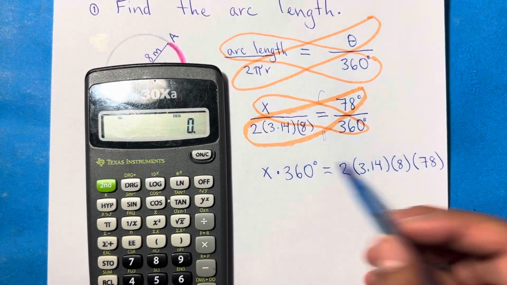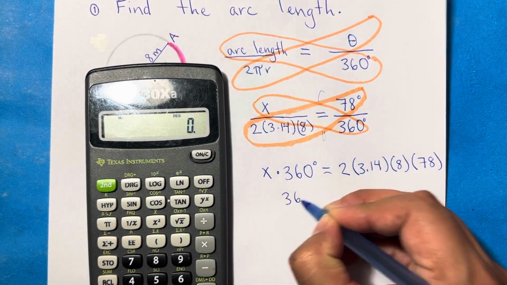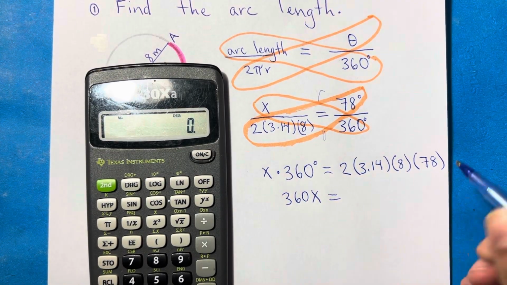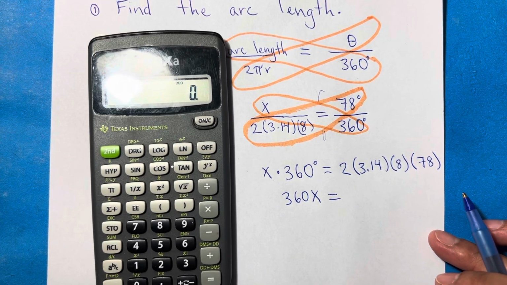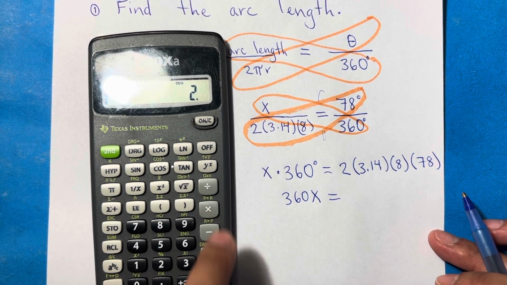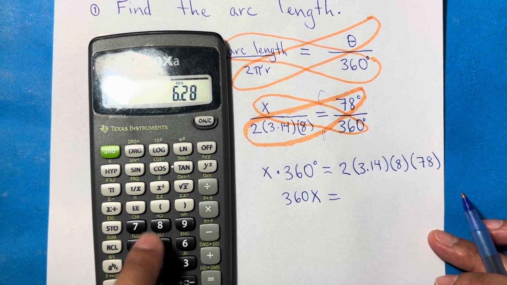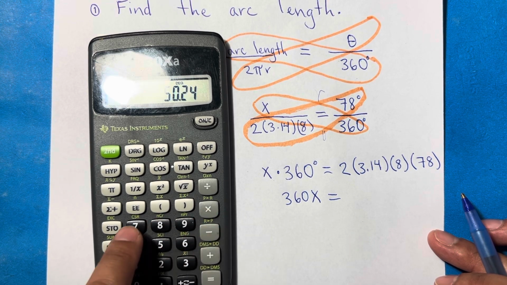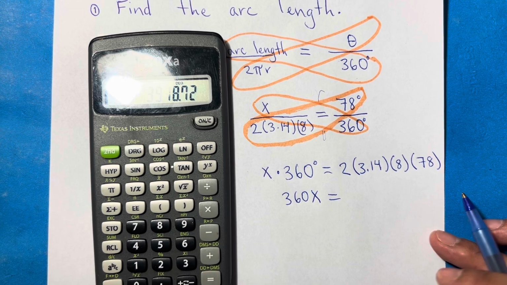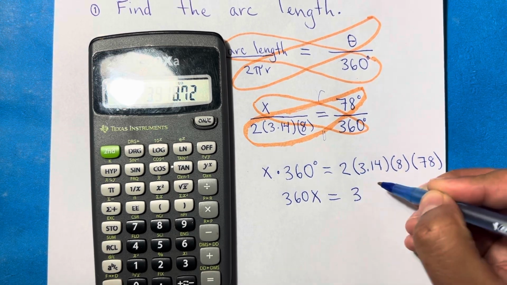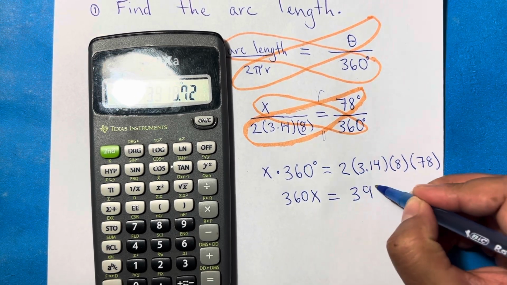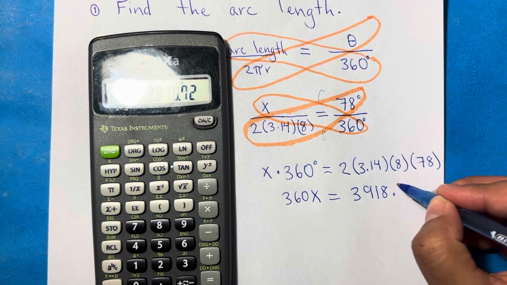And so x times 360 is just 360x equals, we multiply everything else. So 2 times 3.14 times 8 times 78 equals, and we get 3,918.72.